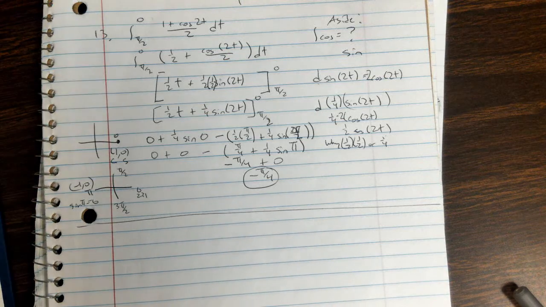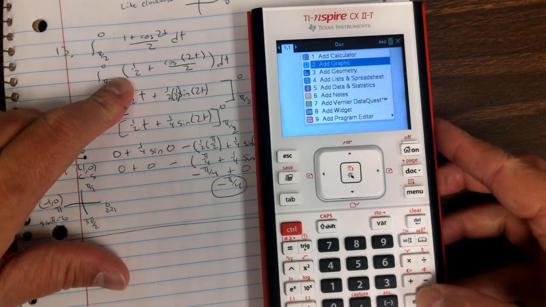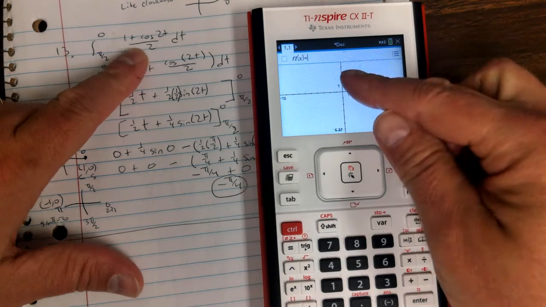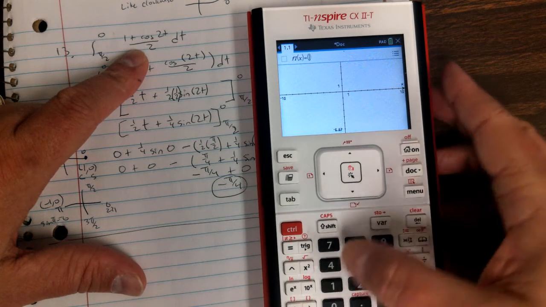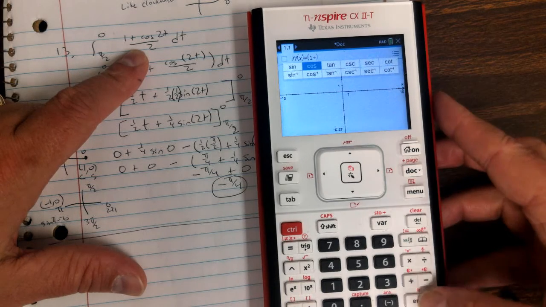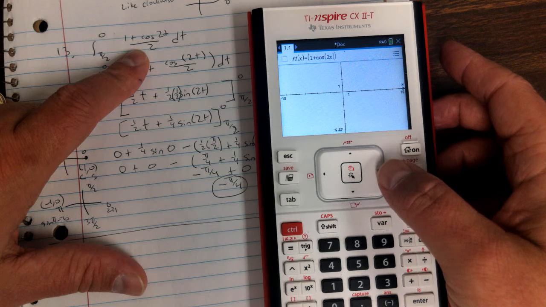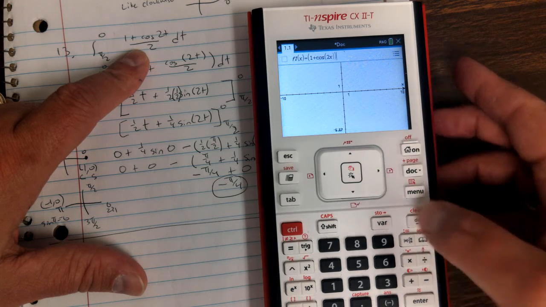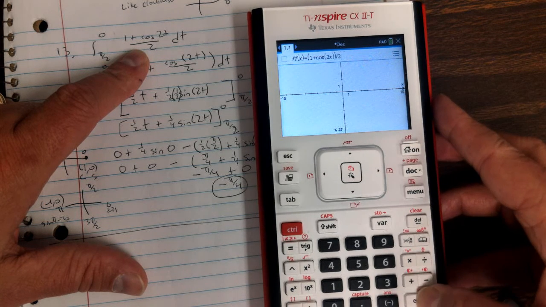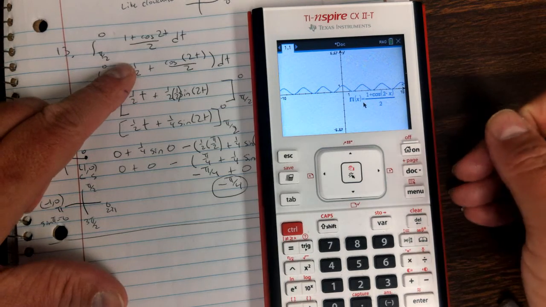Before I move on, I want to remind y'all that you can do add graph, and we want 1 plus cosine 2x, all of that divided by 2. So there's the graph of it, and we want to do the integral.